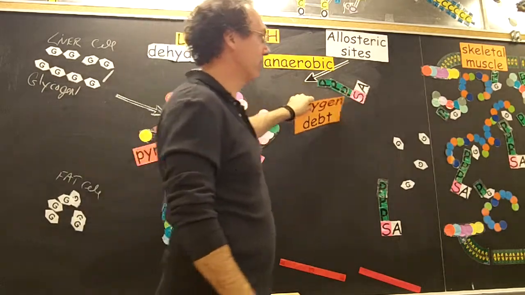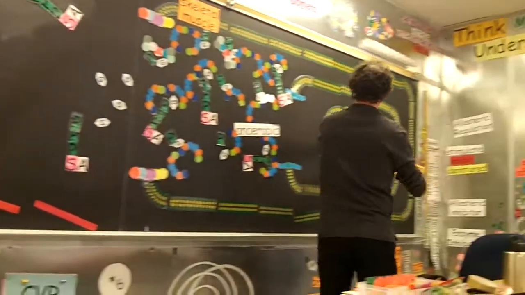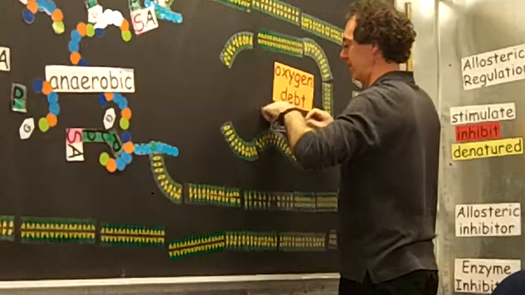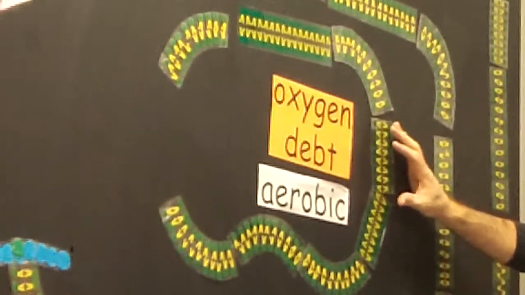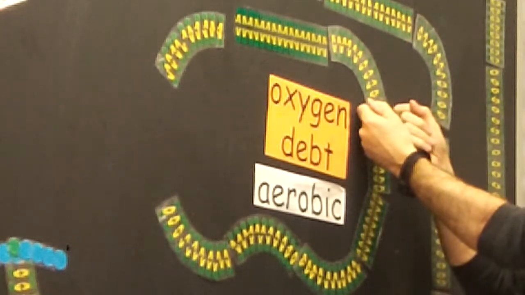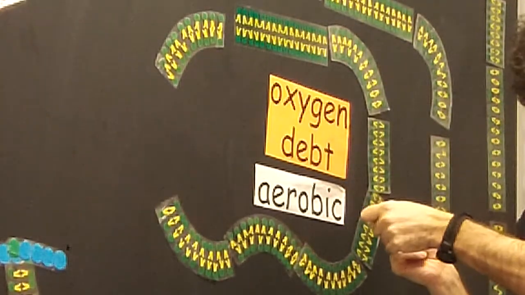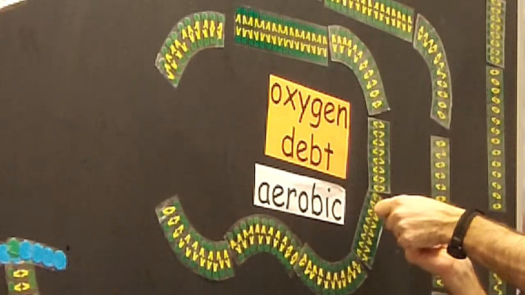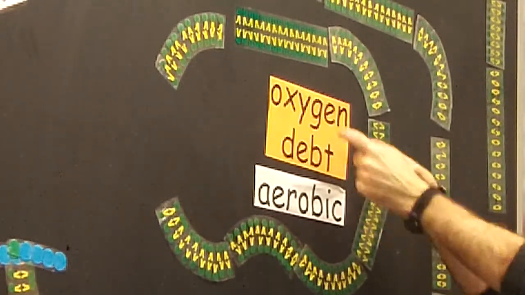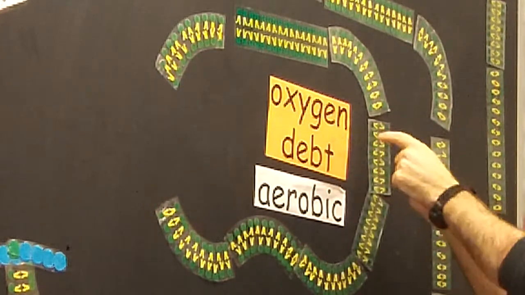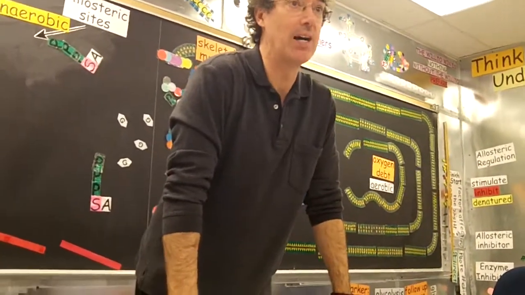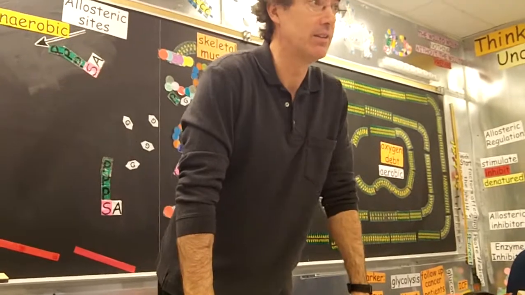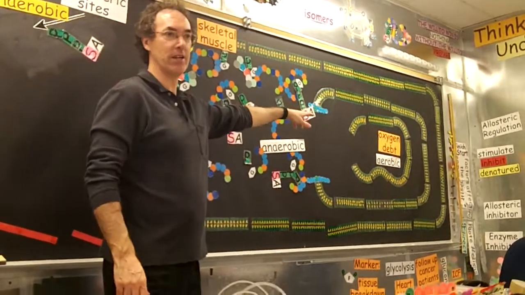So let's walk over here for a second. We know this system that I don't have here, we could go to the back of the room in a minute, which we will. What's the name of the enzyme that pulls the electrons out of the electron transport chain? Oxygen. The oxidase complex. Oxygen debt. There's no oxygen. Why? What is our ancestor doing right now in this story? Running really fast, right? Can't get oxygen into the mitochondria.